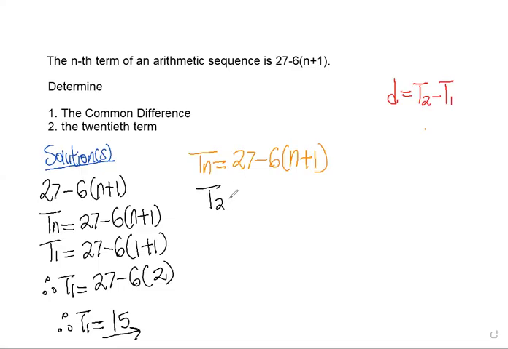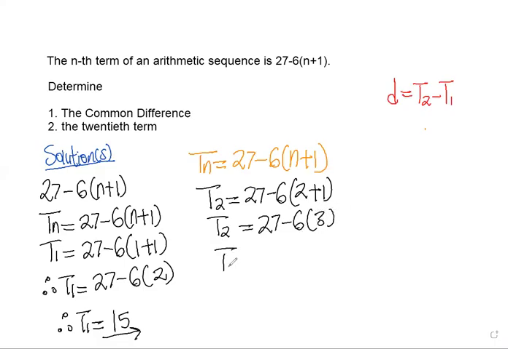So T2 equals 27 minus 6 into 2 plus 1. When you add 2 plus 1, we are getting 3, right? So T2 equals 27 minus 6 times 3, that's 18.